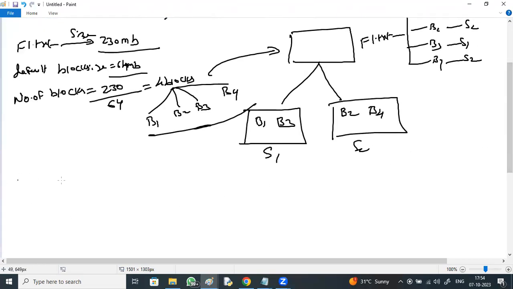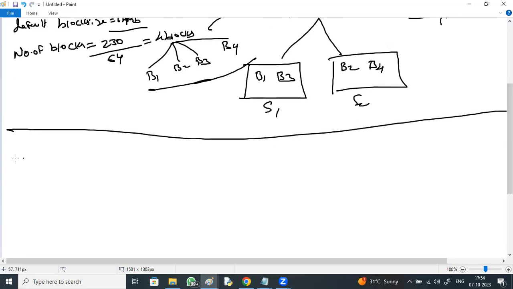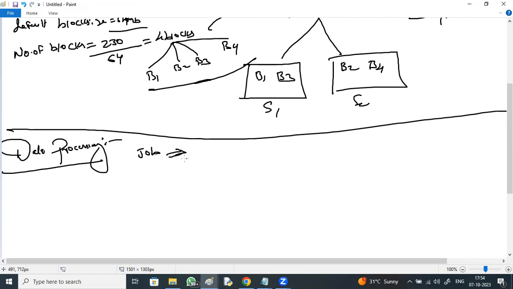Now observe how this data processing is going to happen. The job is divided into tasks. Into how many tasks?